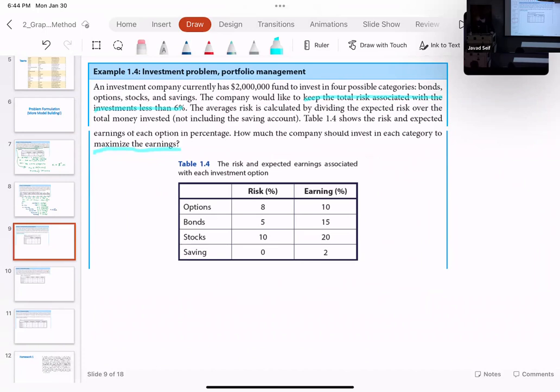If you just get the decision variables, the rest is gonna be easier. What do you think?